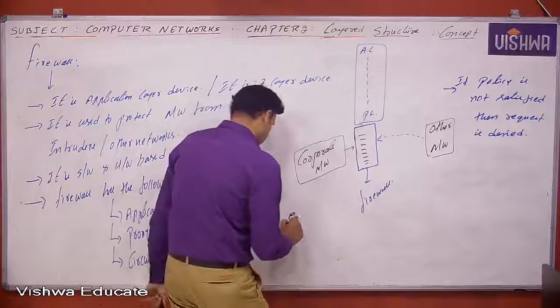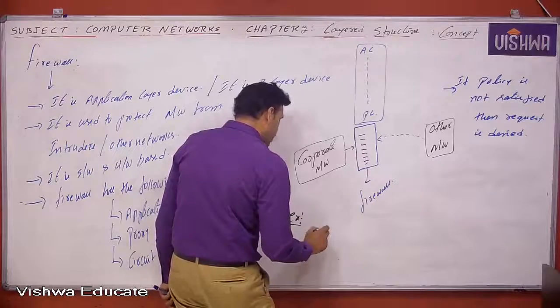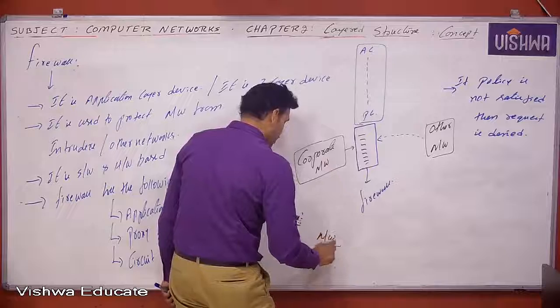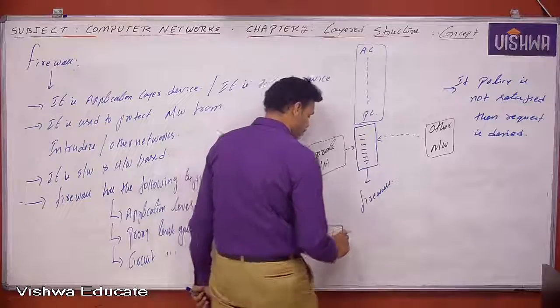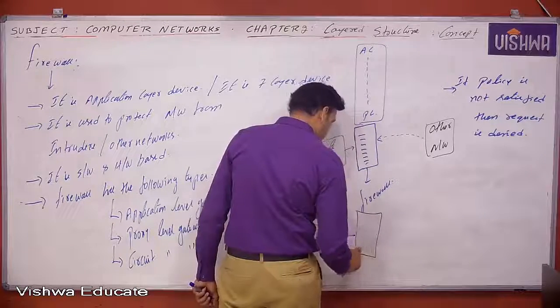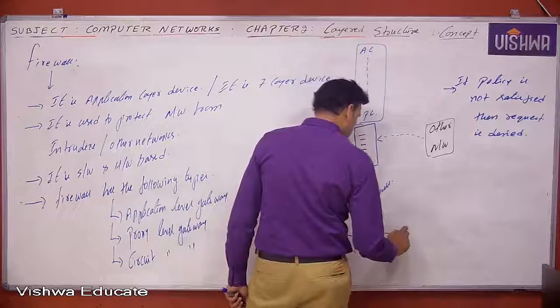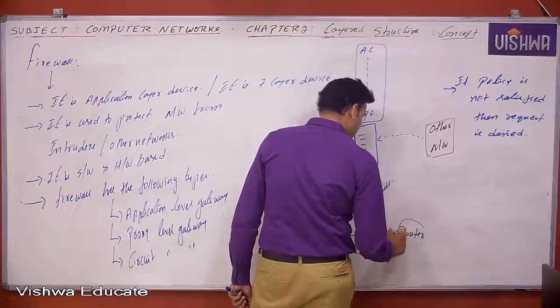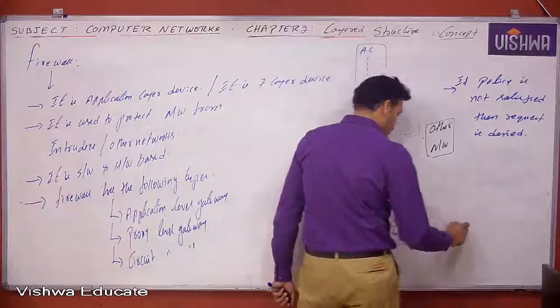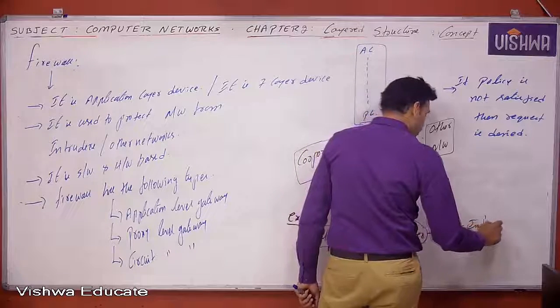Here I can give another diagram. This is our network and here the firewall is there. This is the router. They are intruders.